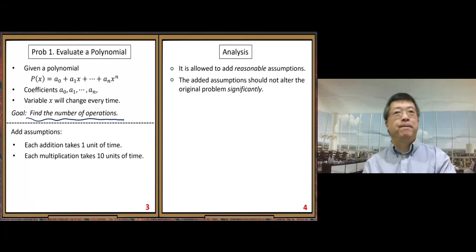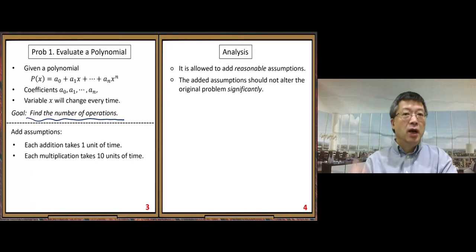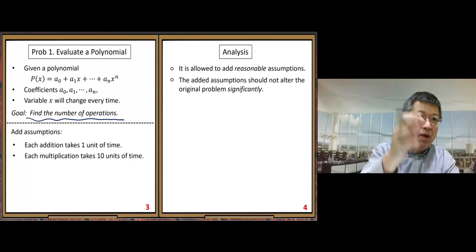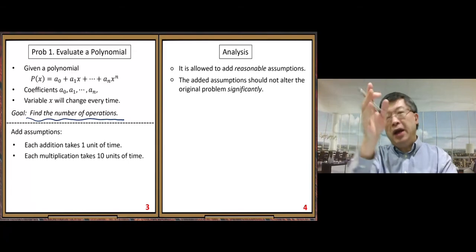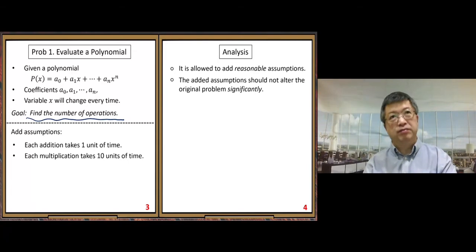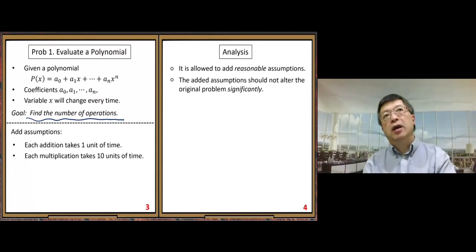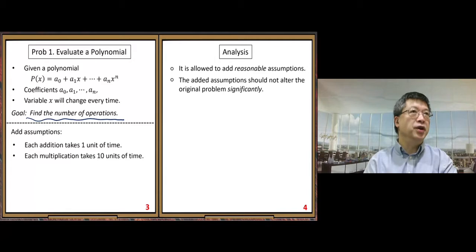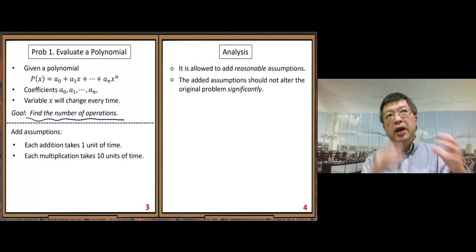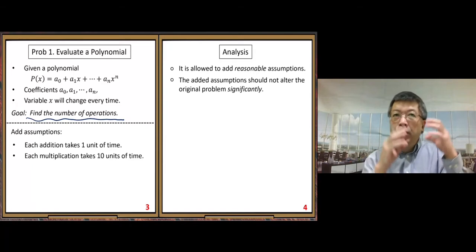Everyone knows multiplication is much slower than addition. But how much slower? Usually that number is not fixed. That number can vary up and down. But this 10-to-1 ratio is a pretty reasonable one. In real world situations, it is close to this number. Not exactly this number, but pretty close.